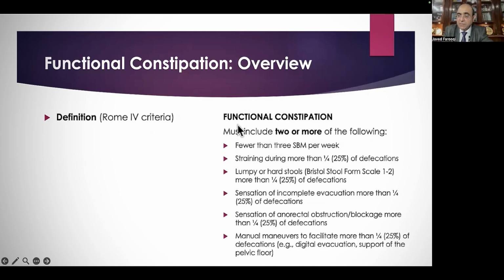And the criteria must include 2 or more of the following. What are these?